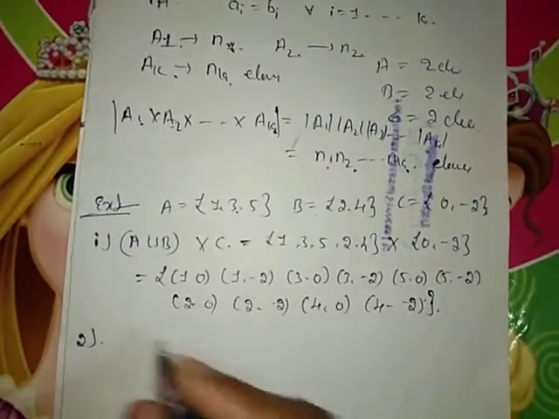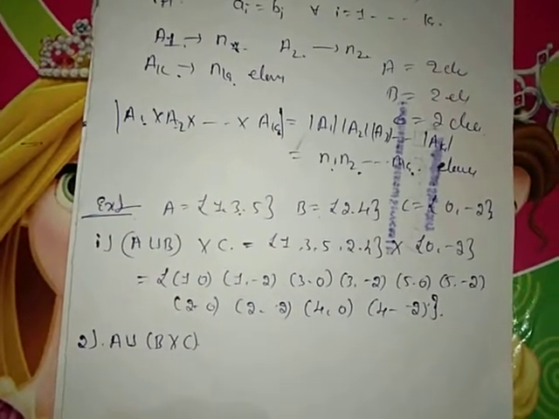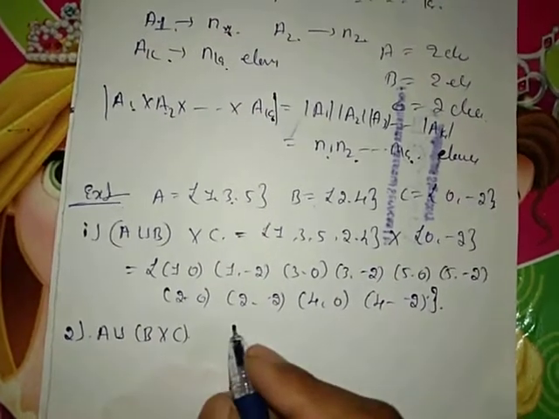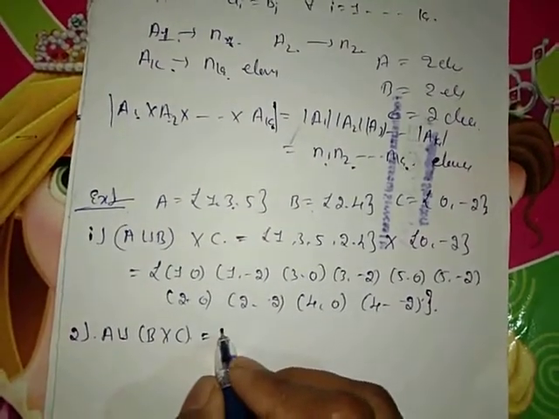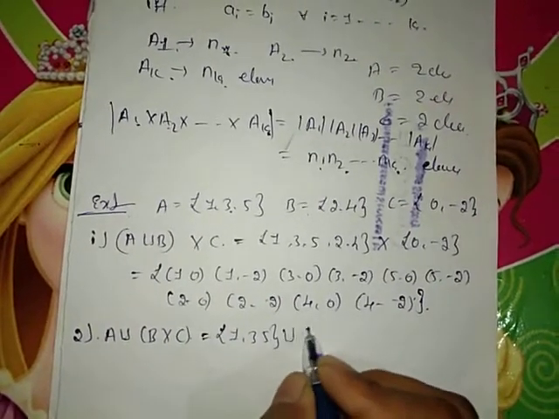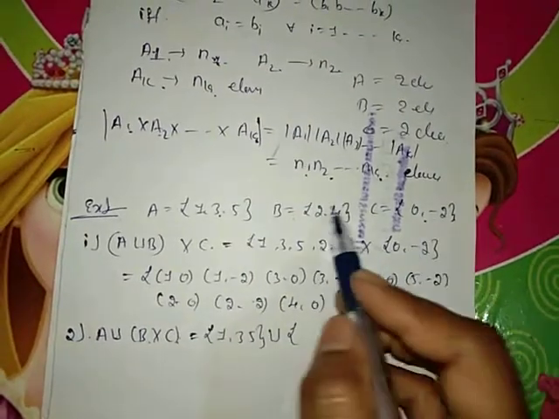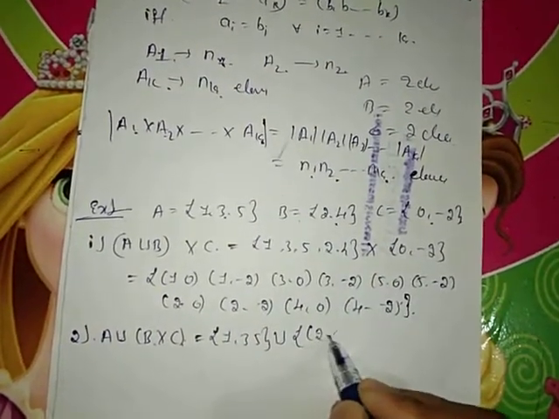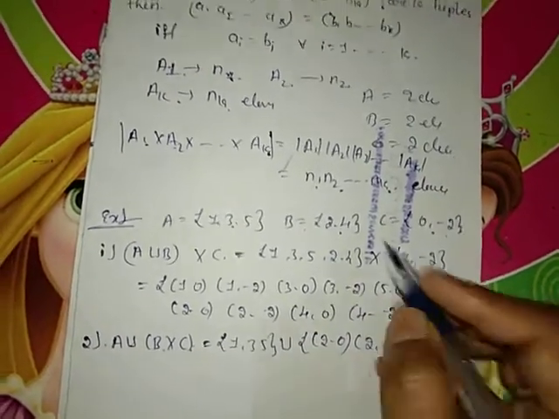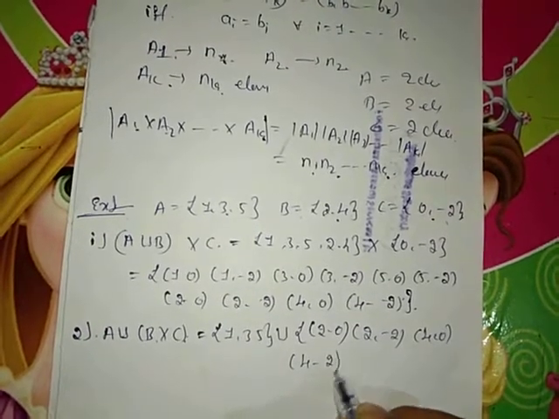So next one is A union B cross C. Here A is the set 1, 3, 5, union B cross C. B cross C is (2, 0), (2, minus 2), (4, 0), (4, minus 2).